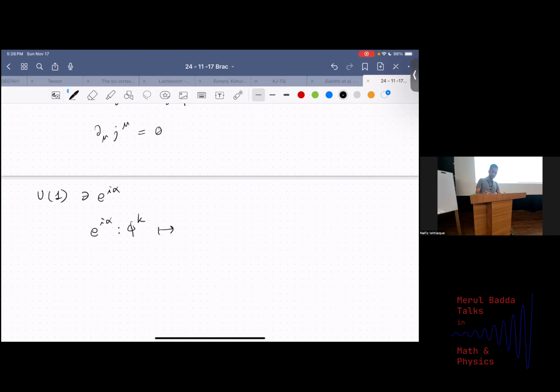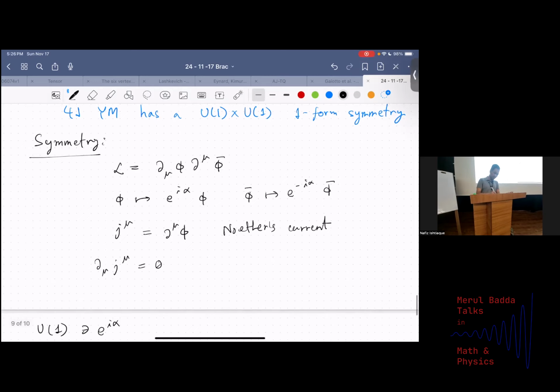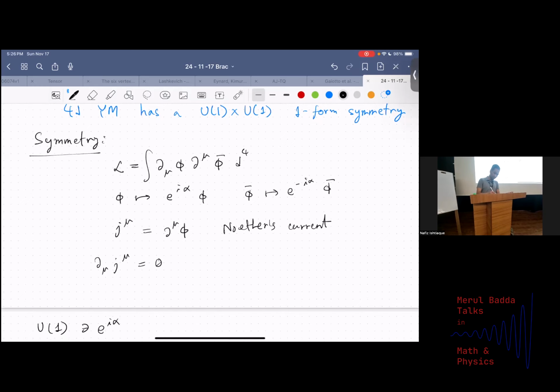I will draw a picture first. Let's say this is my operator, in 4 dimensions.